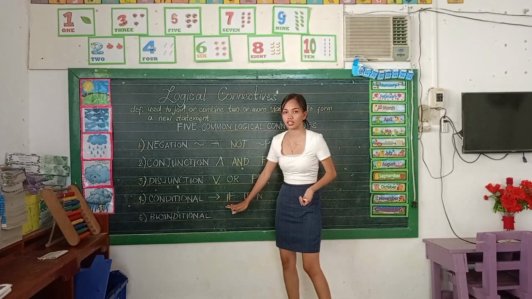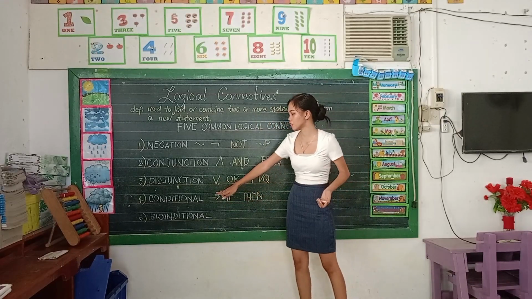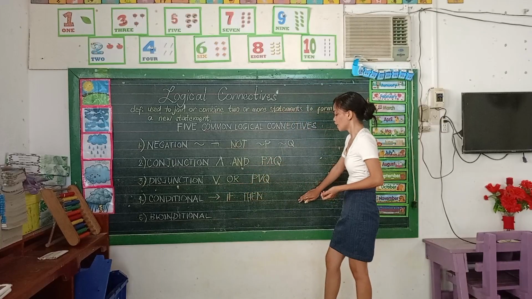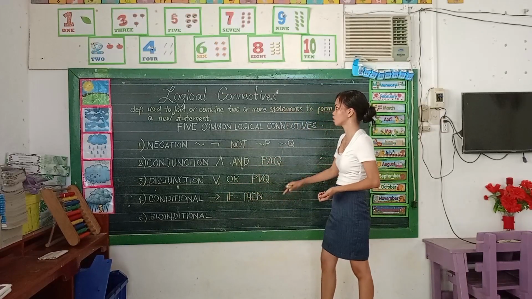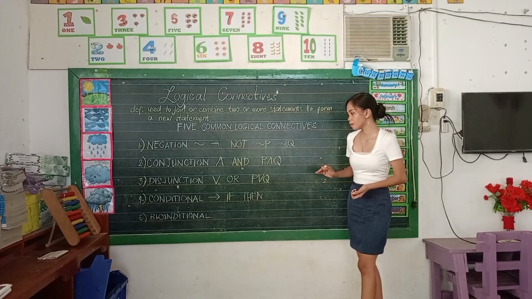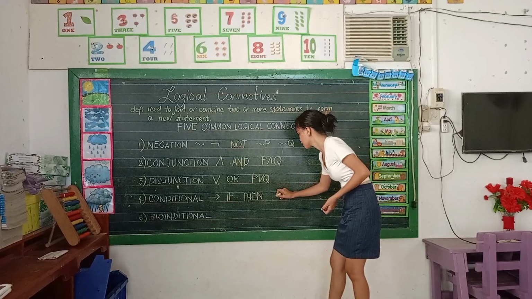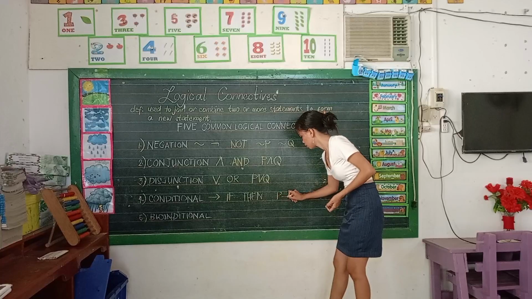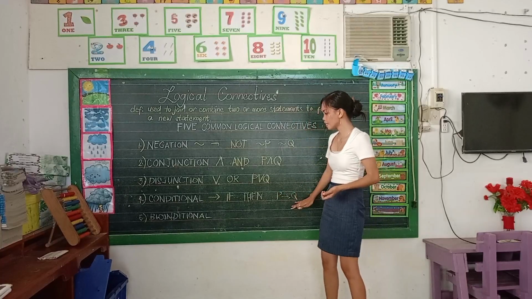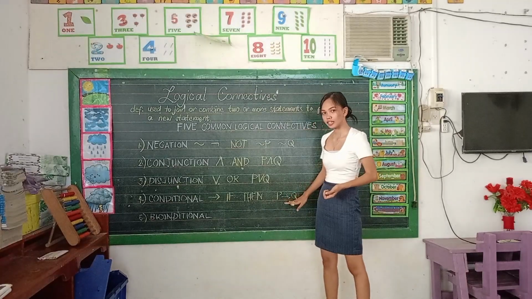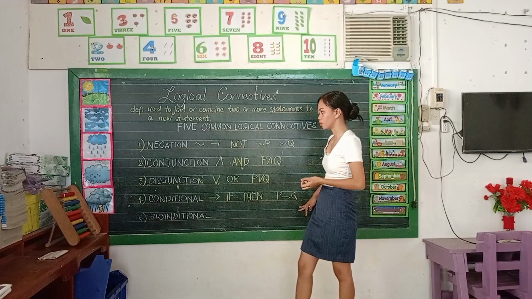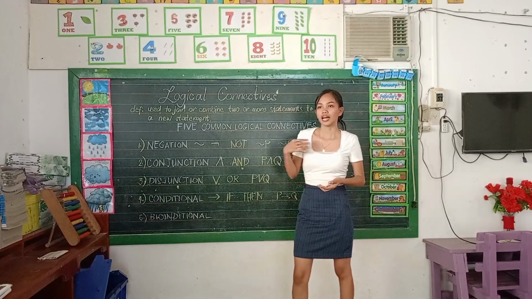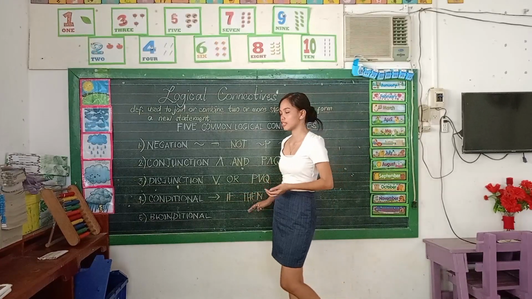So these are our connective terms under the conditional connective. If we use the conditional connective in connecting two propositions, it will be written like this, with the symbol. And this is read as if P, then Q. This can also be read as P implies Q. Either is fine, but the one commonly used is our if, then statement.